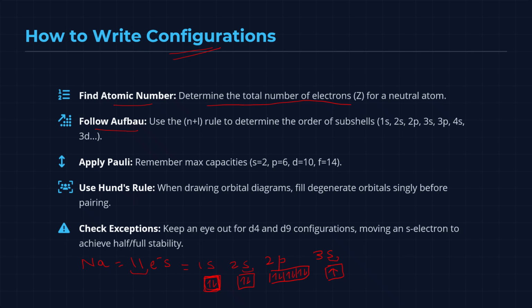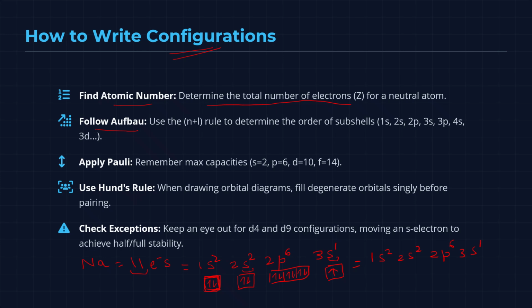So this is how the electronic configuration becomes, and it will be written like this: 1s2. Similarly, 2s2, it shows that it has 2 electrons. 2p6, because p is accommodating 6 electrons in total, and 3s1. So the electronic configuration of sodium will be written as 1s2, 2s2, 2p6, 3s1.